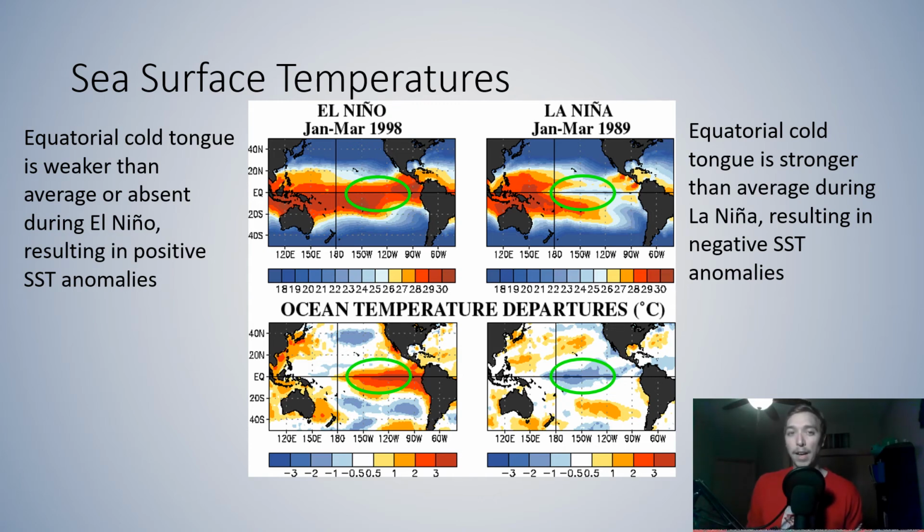What we're basically looking at is temperature in degrees Celsius, and look how prevalent that warmer water is from the South Pacific all the way through the Indian Ocean, South Pacific, all the way through to the coast of South America, whereas that disappears during La Nina phases.